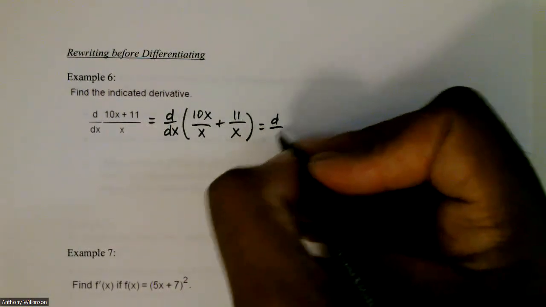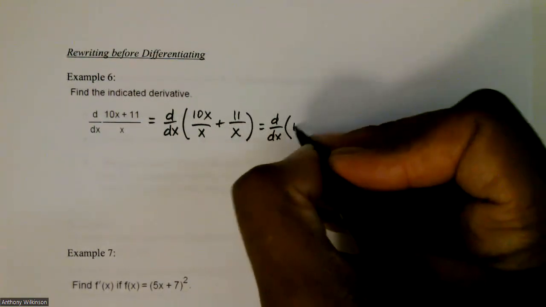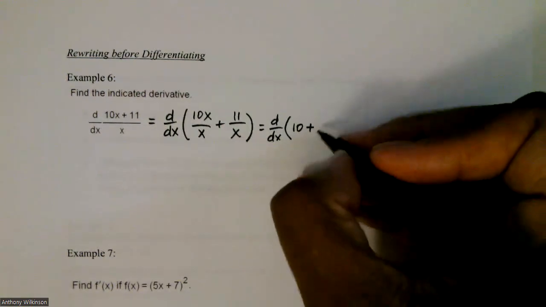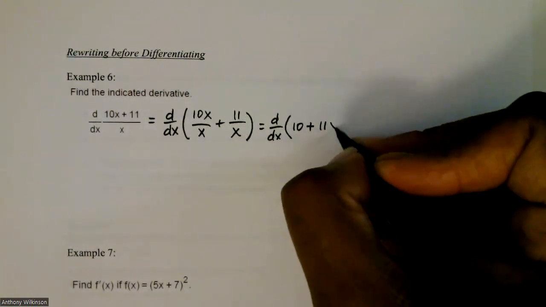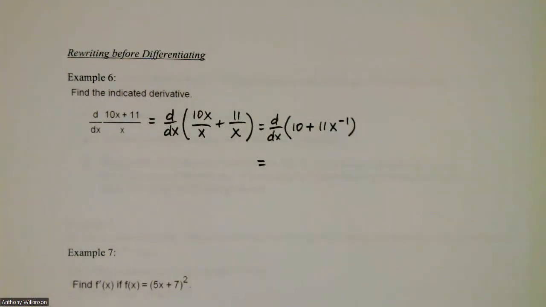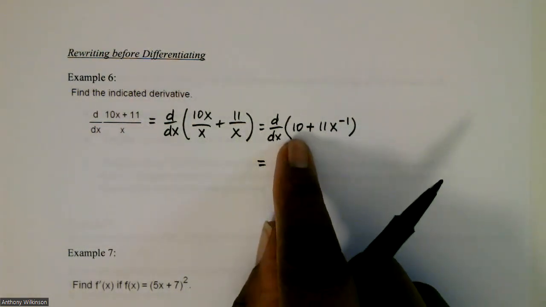Then simplify this. Derivative with respect to x, well, 10x divided by x would just be 10. Now I'm going to write 11 over x using negative exponents as 11 x to the negative 1 power. And now let's take its derivative. Okay. The derivative of a constant is 0.